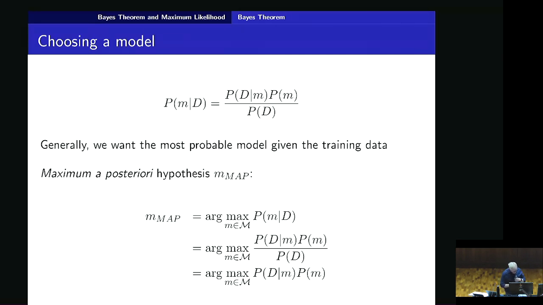Right, and it's this thing here. Now, because the data is fixed, if we're looking to argmax over a space of models, like a space of weight vectors, we can ignore the denominator because it's always the same for every choice of model, and we end up with this thing here.